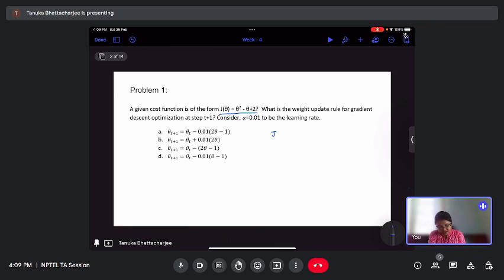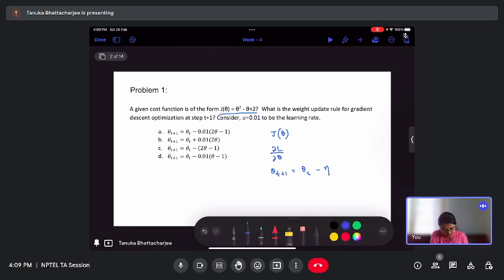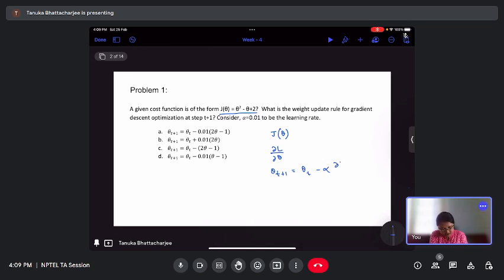So if j theta is your cost function, then first thing is you have to compute the gradient, that is del j del theta, and once you have that, your weight update or parameter update rule will be something like theta t plus 1, which is the estimate at the step t plus 1, that will be theta t minus eta times, or alpha, sorry, here alpha they have mentioned for the learning rate, alpha times del j del theta, right.